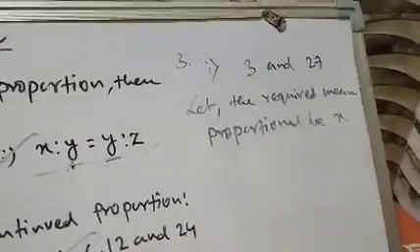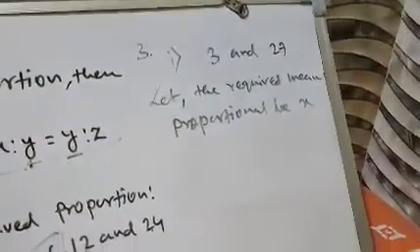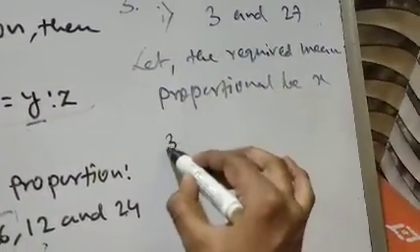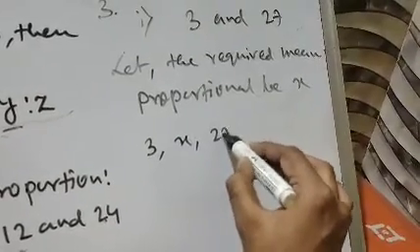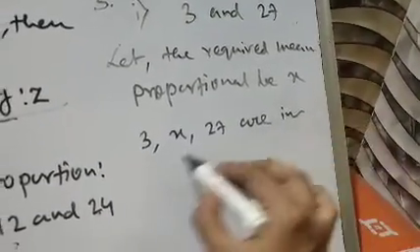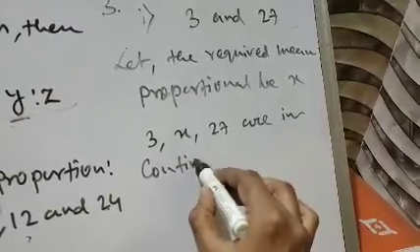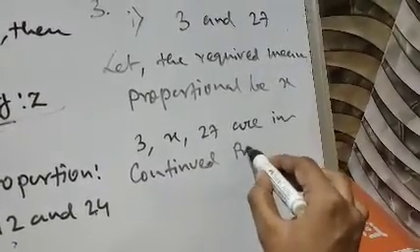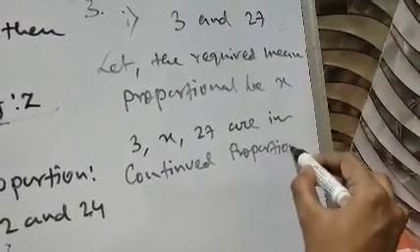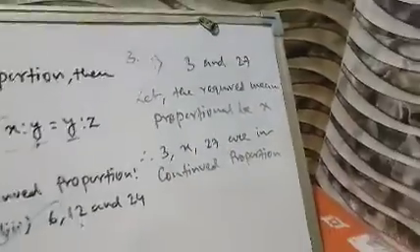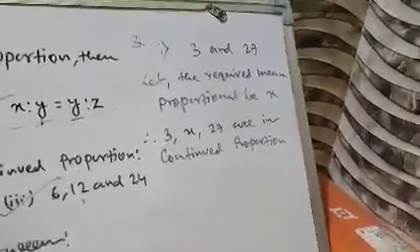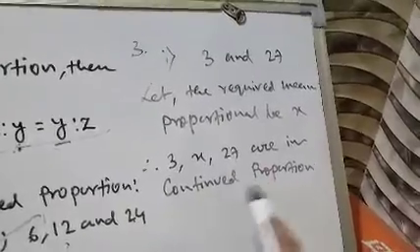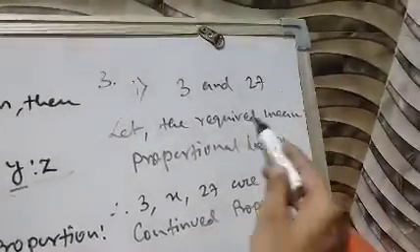Therefore, if x is the mean proportional between 3 and 27, we can write that 3, x and 27 are in continued proportion, because we have assumed that x is the mean proportional.